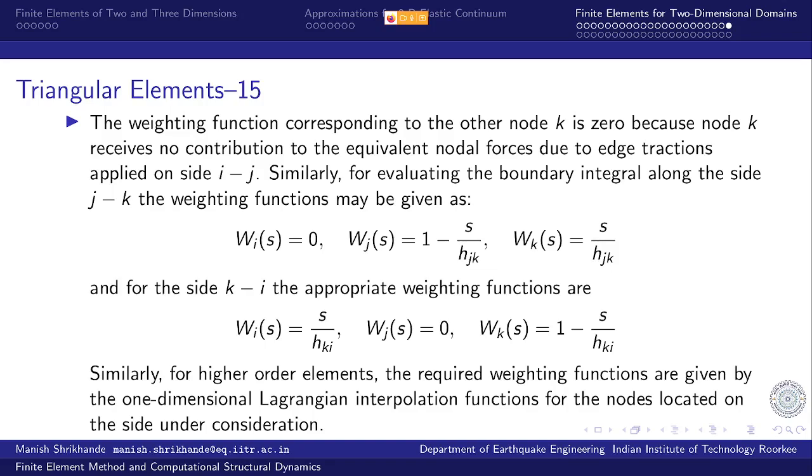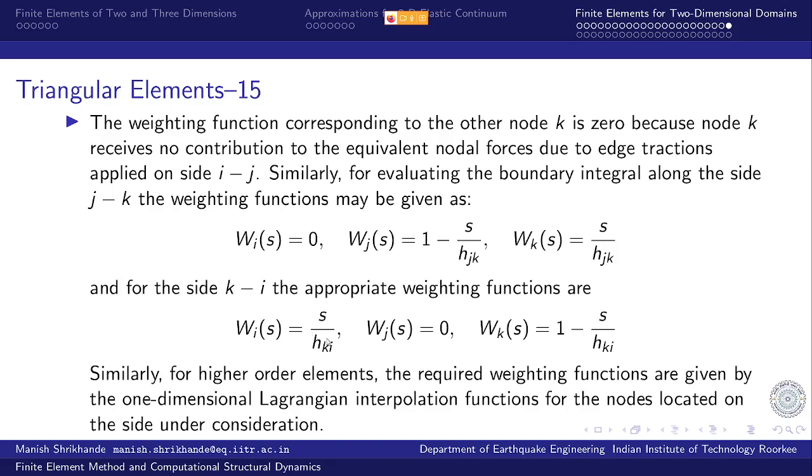The weighting function for the node k is 0 because node k receives no contribution to the equivalent nodal load due to edge tractions along ij. So the weighting function corresponding to the third node doesn't really contribute. Similarly, when we are looking at edge jk, then the weighting function corresponding to node I would vanish in terms of the st coordinate system.